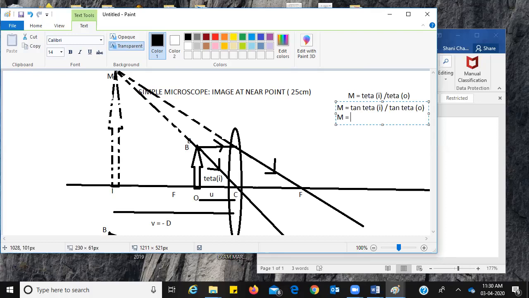So BO by OC. Tell me now tan theta. So BO by OC, OB by OC, CO. Then divided by... can you scroll down for the diagram?